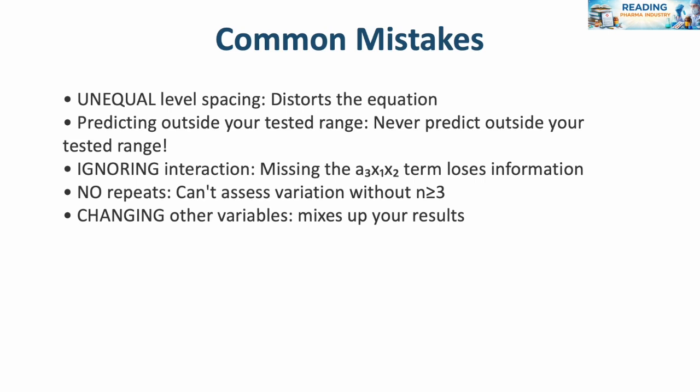Something that can really indicate experimental error is when we don't have repeats. It will make it very hard to assess the data. We can't assess the variation and of course the standard deviation unless we have a minimum of 3 repeats. And then you need to be systematic. If you're changing other variables, you need to be consistent.